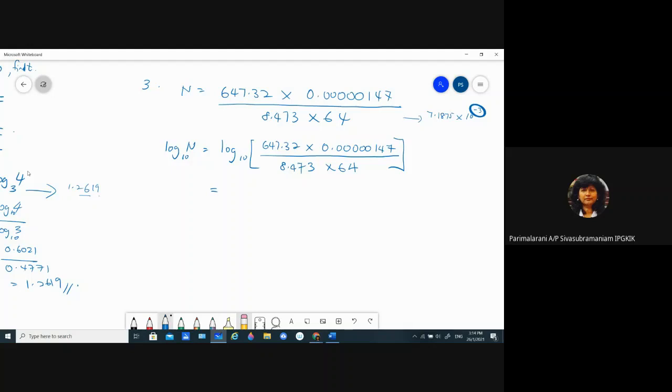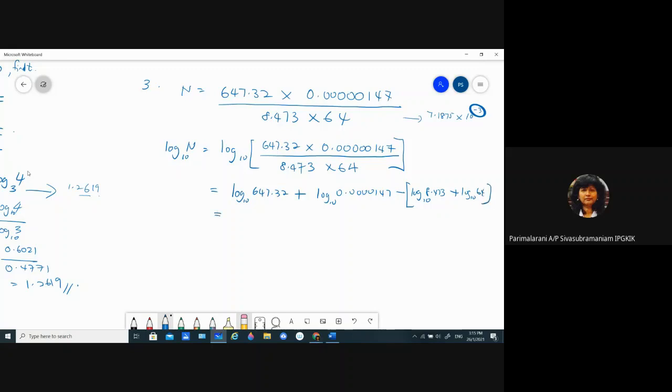We have multiplication here and then we have division here. So this actually is equals to log of 647.32 plus log of 0.0000147 minus log of 8.473 plus log of 64.